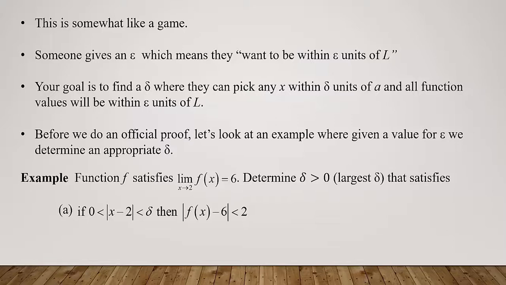So notice in this example, as I keep talking about this as a game, this value of 2 is an epsilon that someone has given you. Part B, I'm changing the epsilon to be a 1. So write this down, folks, and give yourself some room in your notes, because when I get to the chalkboard, the first thing I'm going to have is a graph for this function.